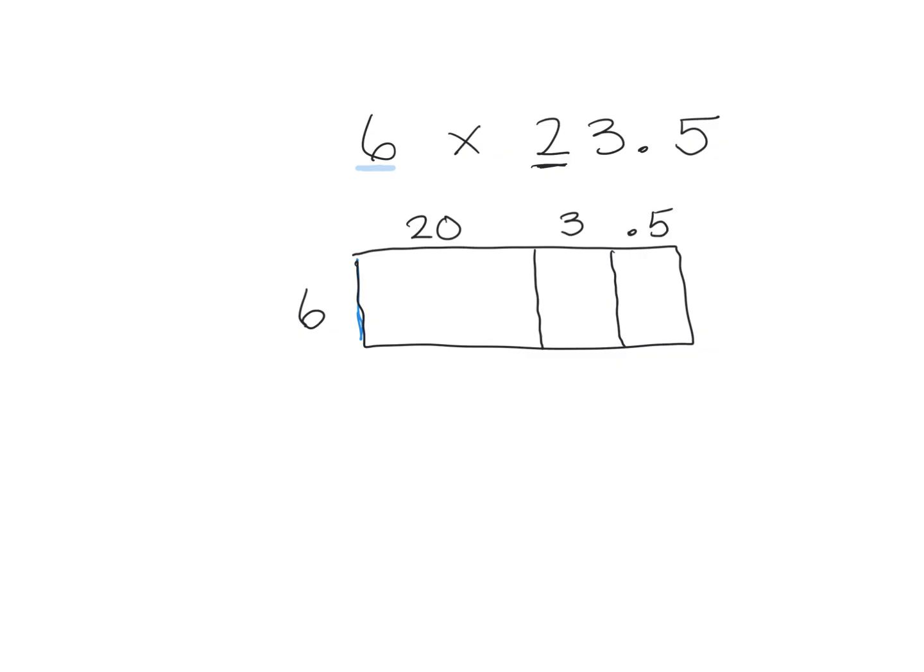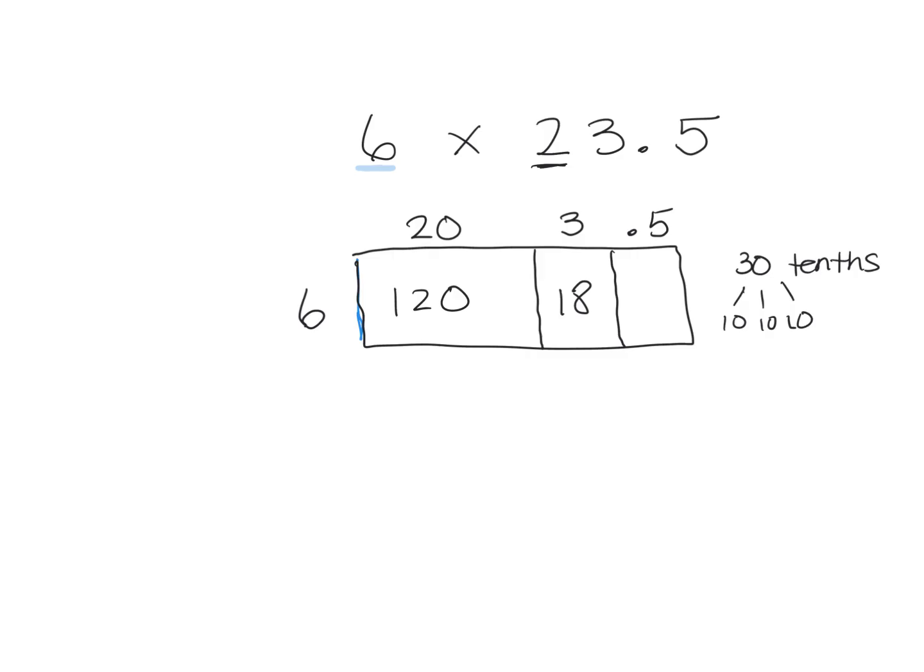6 times 20 is 120. 6 times 3 is 18. And then 6 times 5/10 is 30/10. Now we have to ask ourselves, how many groups of 10 can we get into 30? Well, there's 3 groups of 10. That means we get 3 wholes.